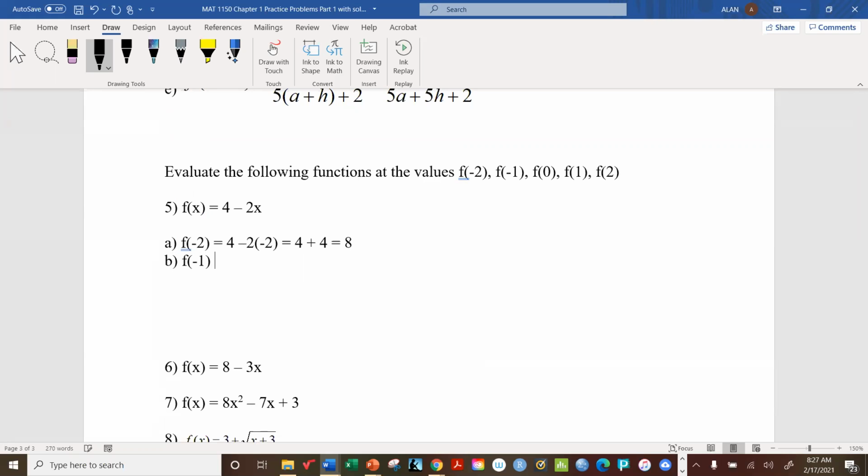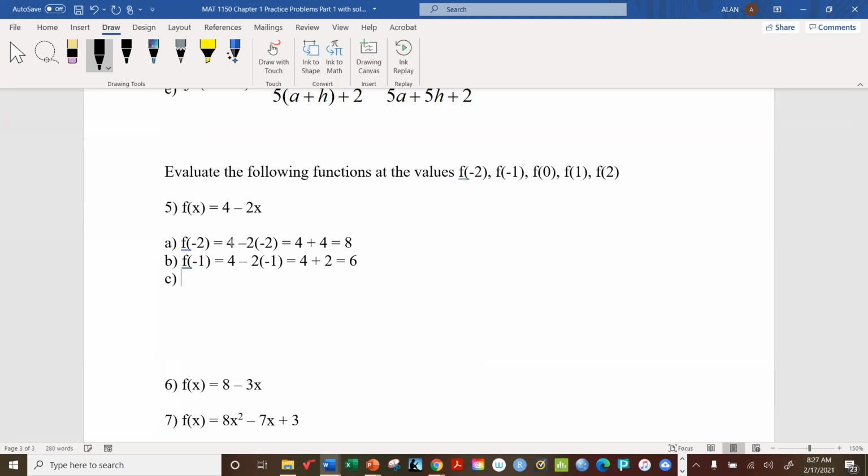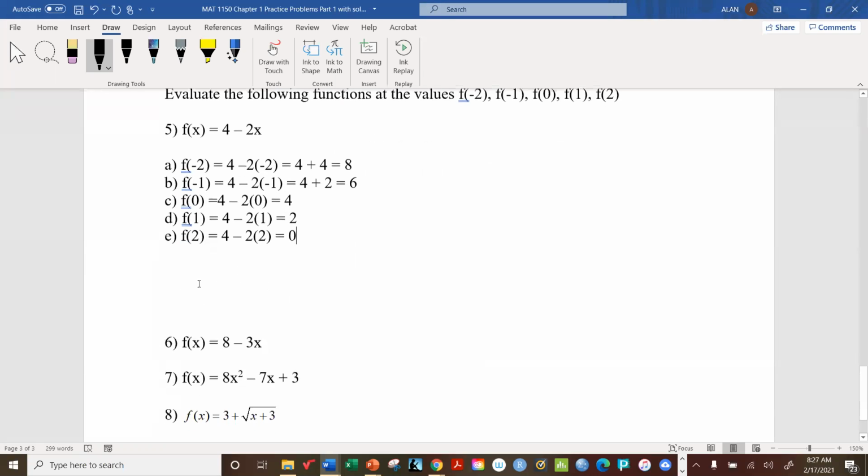F of negative 1 is 4 minus 2 times negative 1 equals 4 plus 2. I'm going to be careful with those negatives. F of 0 is the easiest one, because you just end up with 4. F of 1 is 4 minus 2 times 1, which is 2. And then finally E, F of 2 is 4 minus 2 times 2, which is just 0. Wow, that was easy. I like that.